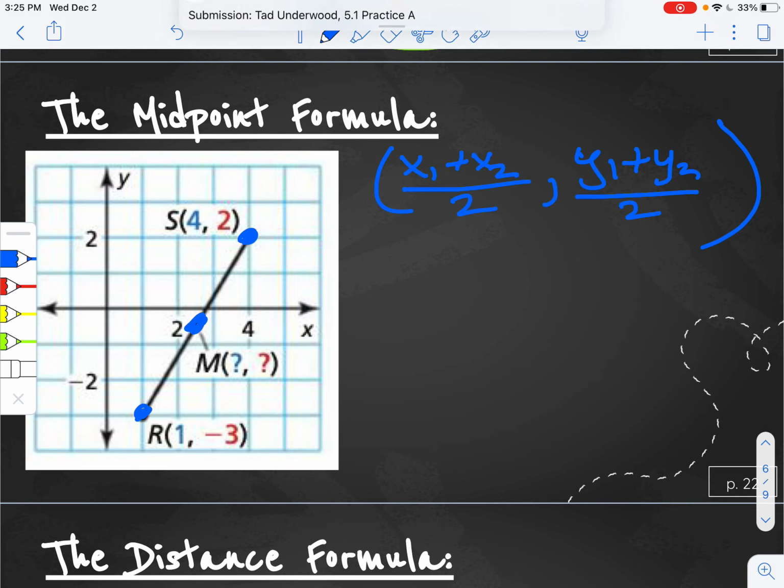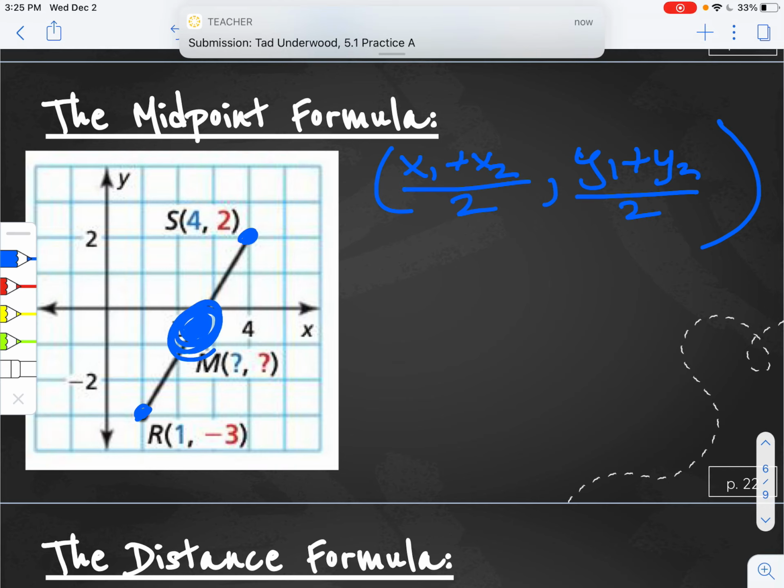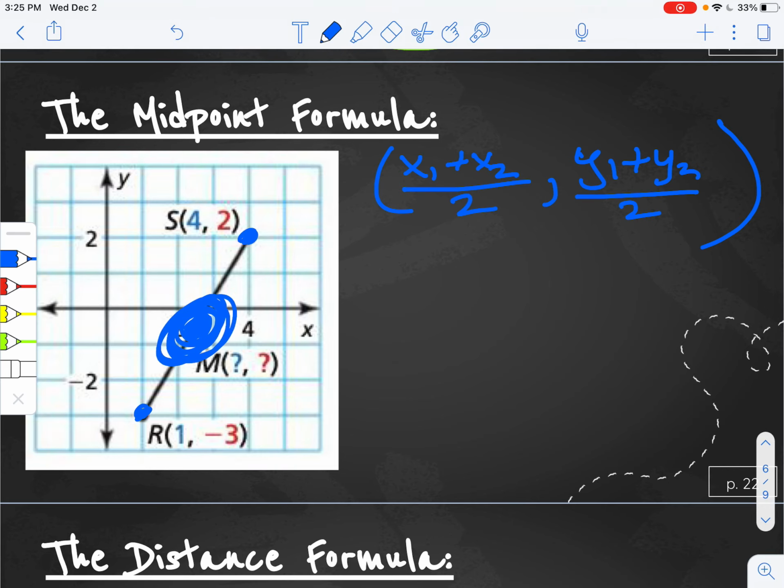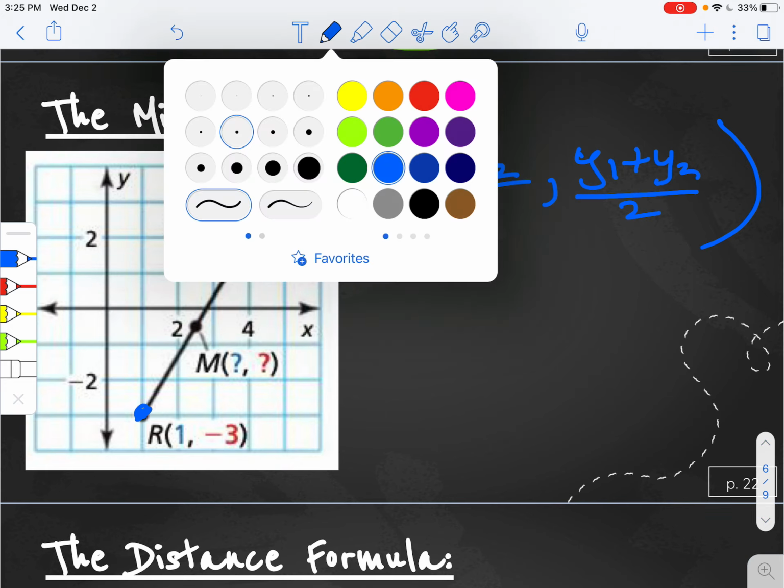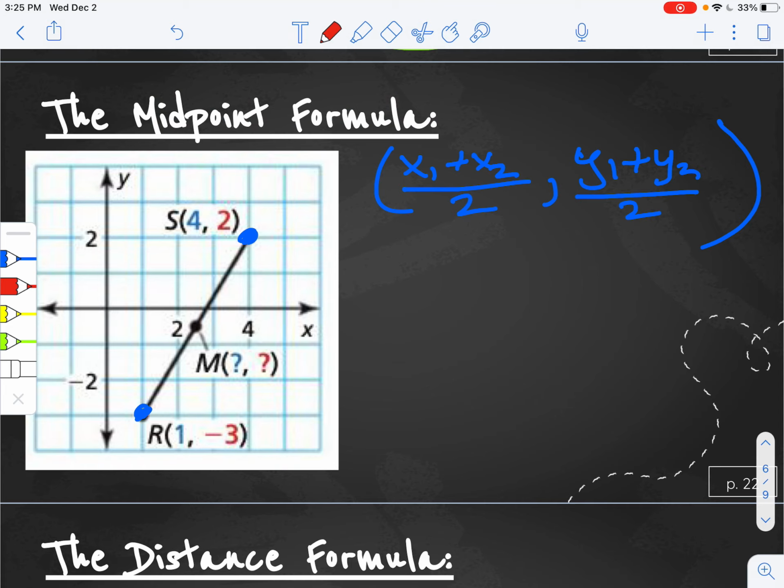So if we have this graph over here, the midpoint is going to be a physical point somewhere here in the middle, probably somewhere where I scribbled. So it shouldn't be a surprise that we have an x value, comma, a y value, that it's a coordinate point.